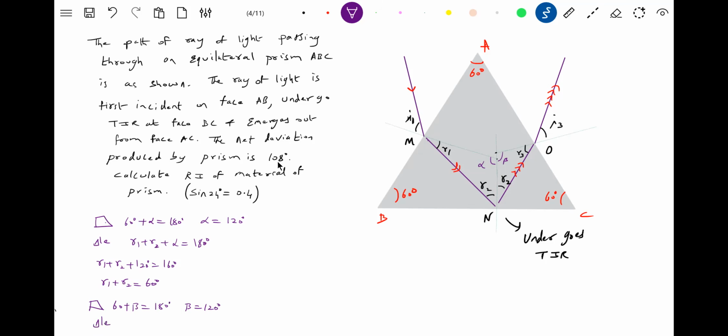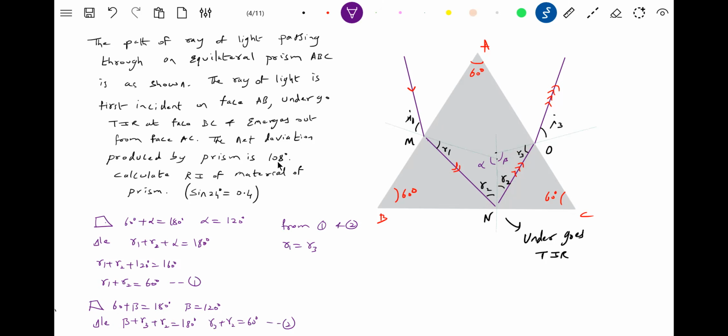Then in this cyclic quadrilateral, the sum of opposite angles should be 180. Then in this triangle, beta plus R3 plus R2 equals 180. So equating these two, we can write R1 equal to R3.